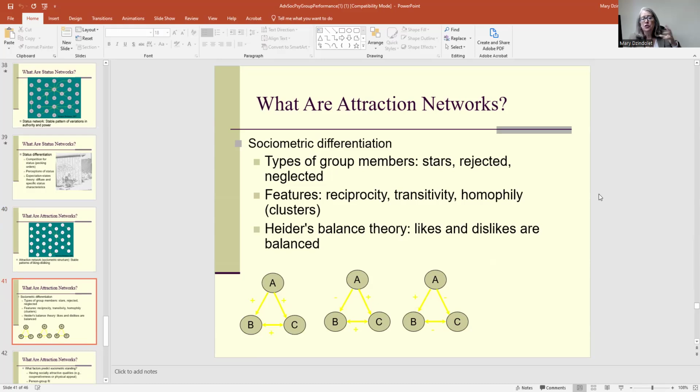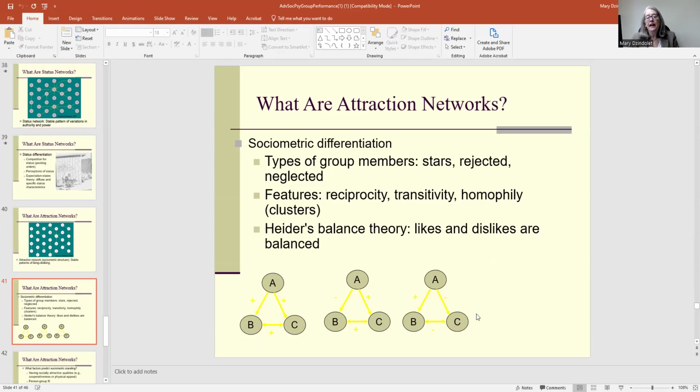Okay. And what is an attraction network? Well, some members are stars, everyone likes them, some are rejected, some don't really play a role. But it's not that people don't like them. And there's a whole bunch of different reasons why that might be. But Heider's balance theory is just this idea that we like it when everyone likes who we like, that works.